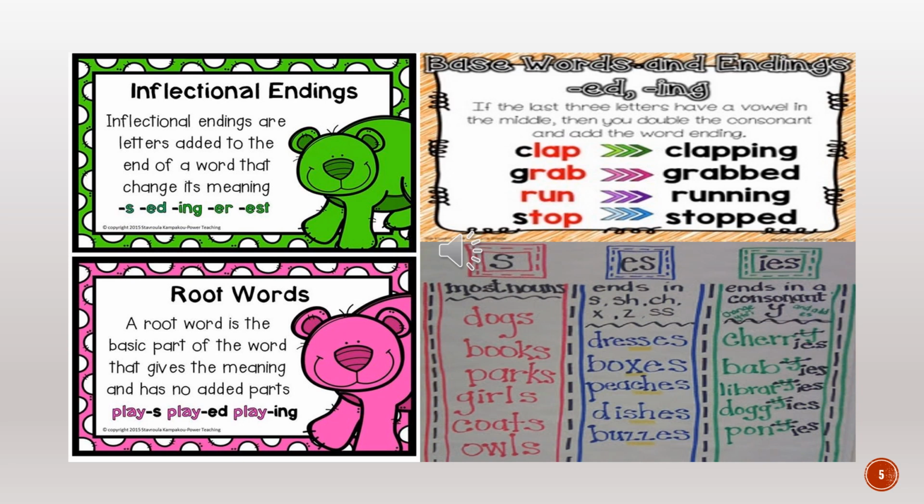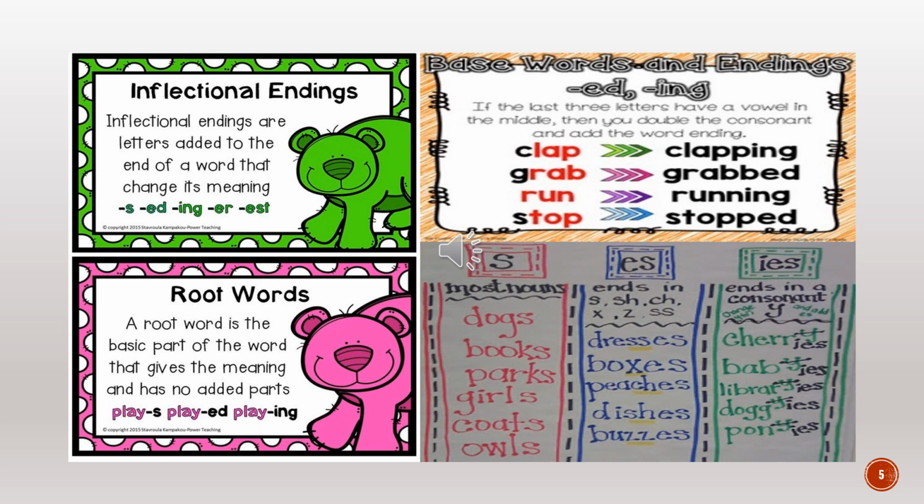Now, the inflectional endings S, ES, and IES. There you have some examples of the most common nouns that you use, and then you have what is going to happen with words ending in S, SH, CH, X, and SS.